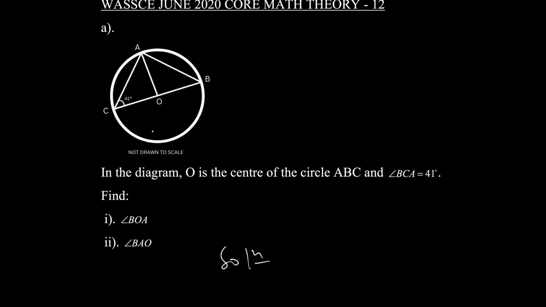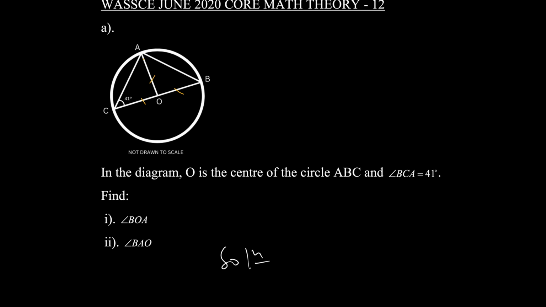Now we know that the line OA is the same as the line OC, which is the same as the line OB, because the line OA is the radius of the circle. And the radius of the circle doesn't change. So this is equal to this is equal to this.